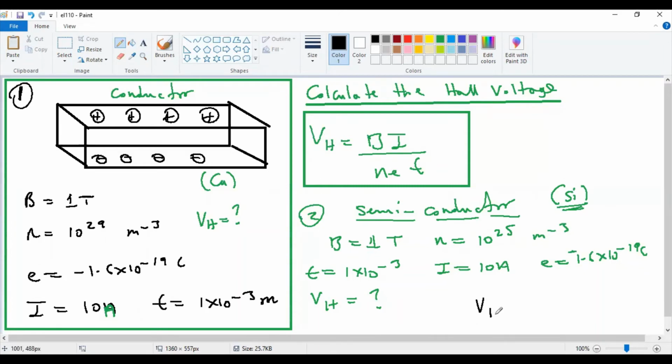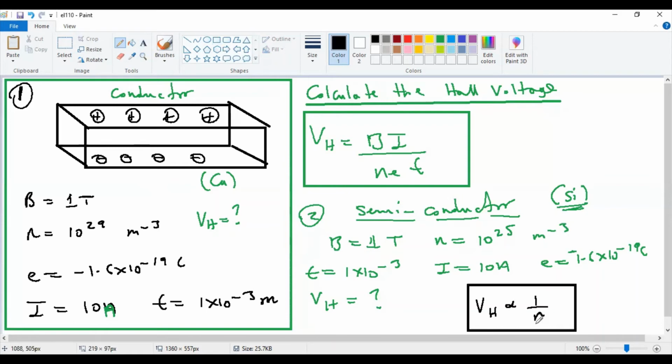So here VH is inversely proportional to the number of charge carriers. What I wanted to do is to perform the calculation for the top one using this information. This is for a regular conductor, and then we're going to perform the same calculation for a semiconductor. When we do that, we can see that there will be a difference in the voltages that is set up at the side of the wire.